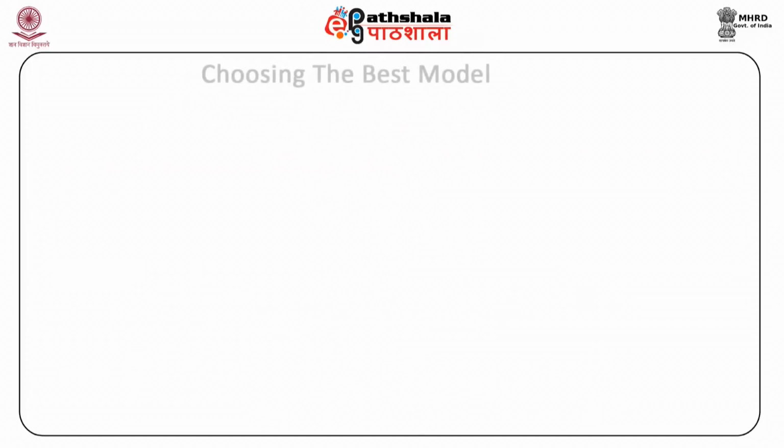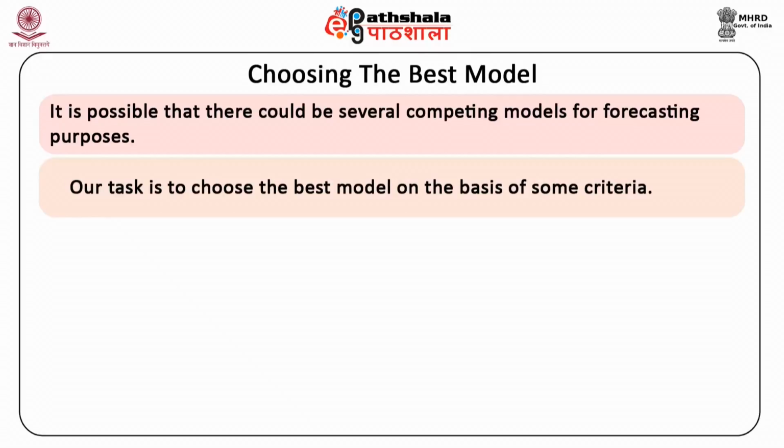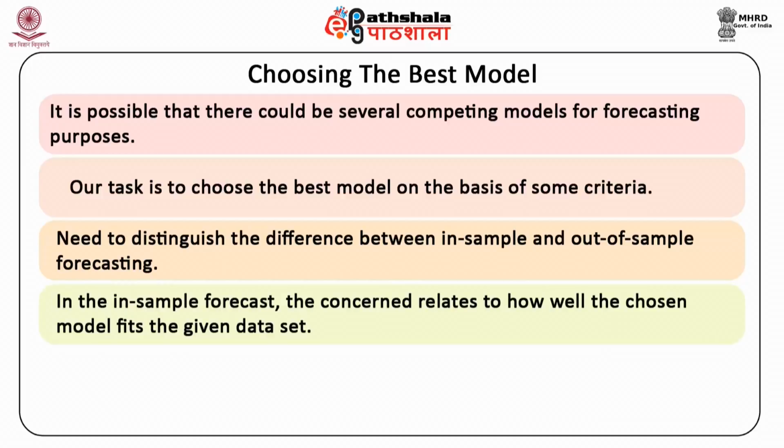Choosing the best model. It is possible that there could be several competing models for forecasting purposes. Our task is to choose the best model on the basis of some criteria. We need to distinguish the difference between in-sample and out-of-sample forecasting. In the in-sample forecast, the concern relates to how well the chosen model fits the given data set.